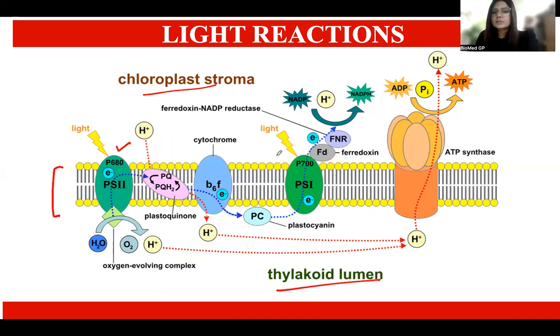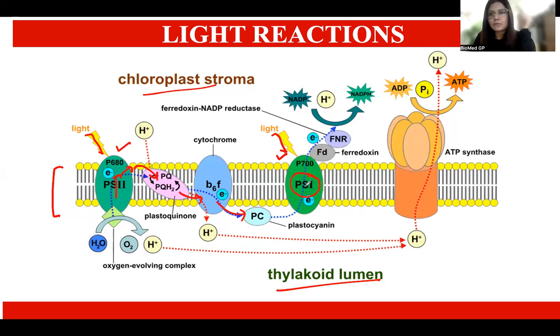There are 2 photosystems present inside the thylakoid membrane, which participate in the light reactions. When light falls onto them, there is a series of electron transport chain steps with a final acceptor molecule. When the light falls on PS2, the excited electron is accepted by pheophytin, then by plastoquinone, then cytochrome, and finally by plastocyanin.